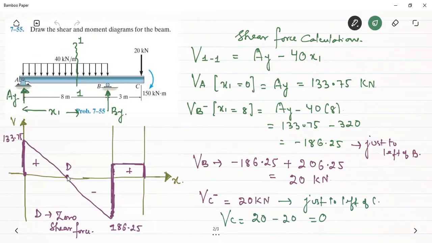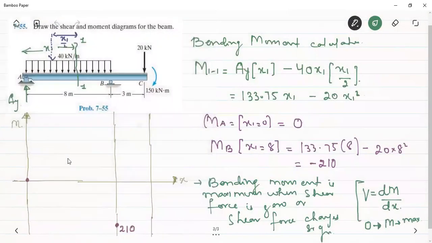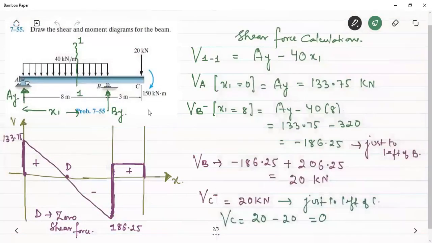So before connecting the bending moment curve between A and B, it's important to calculate the maximum value of the bending moment. On that basis we are going to predict the variation of the curve and draw the bending moment curve properly. So let's find the location of the zero shear force, which will be given by this equation, by equating this to zero.